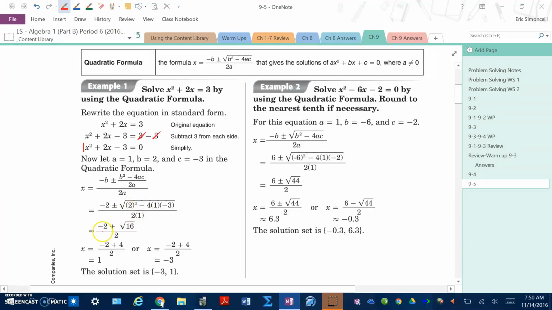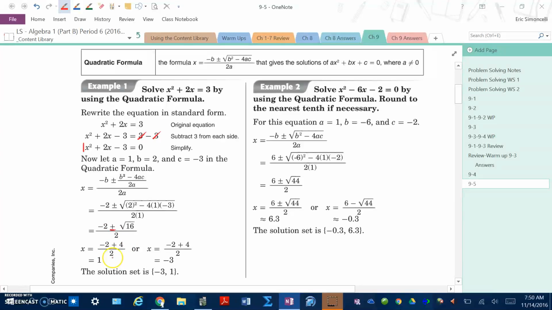We'll continue, so negative 2 plus or minus the square root of 16 all over 2. They simplified, of course, 2 squared minus 4 times 1 times negative 3 to be 12, so 4 plus 12 is 16. The square root of 16 is 4. There will be two answers, though, because the plus or minus warrants that.